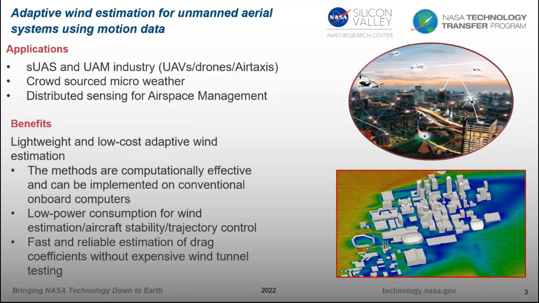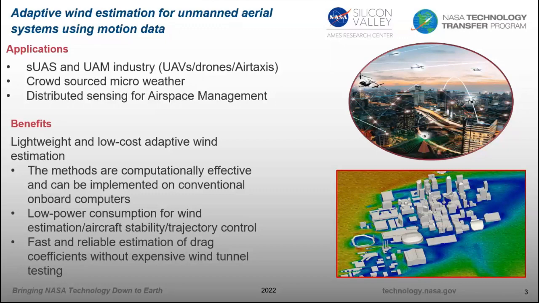We are testing them on the big UAM type vehicles that NASA has certain designs for. So it is equally applicable to both small drones as well as the bigger autonomous vehicles that eventually will be flying as air taxis.